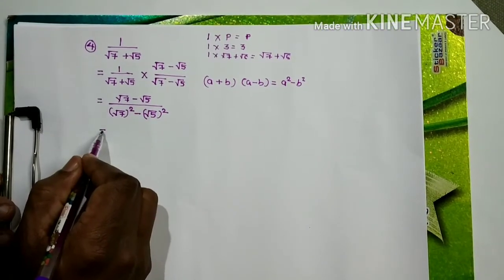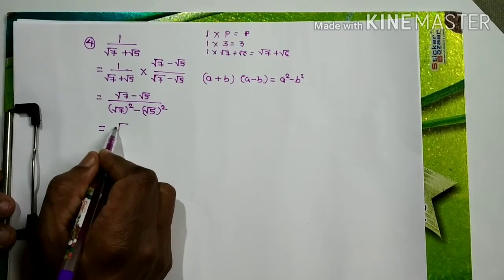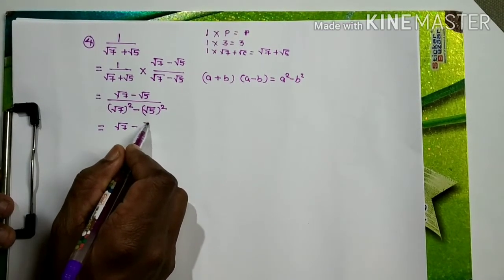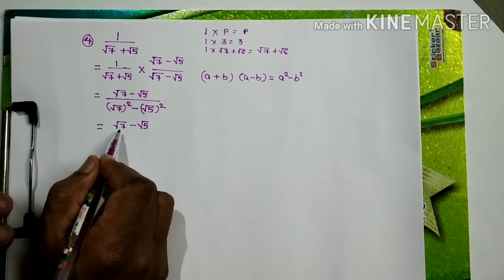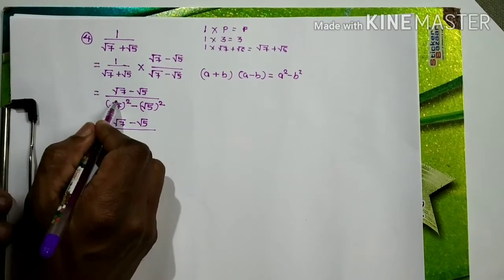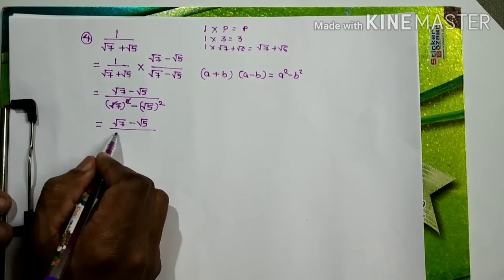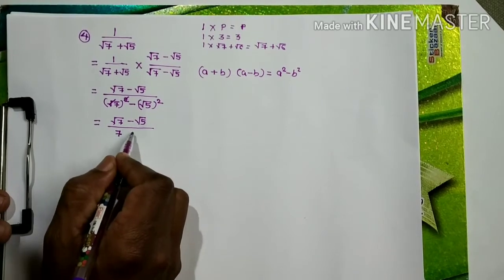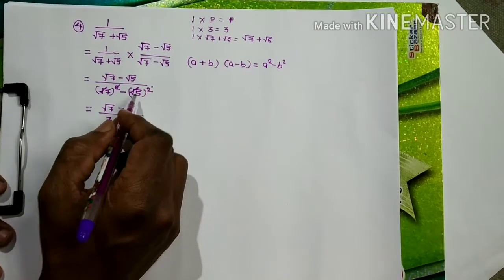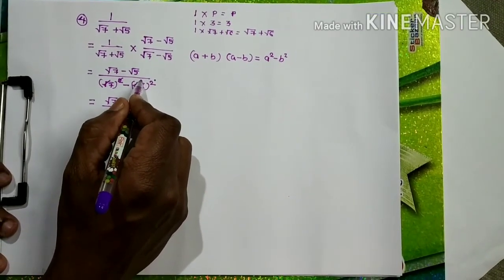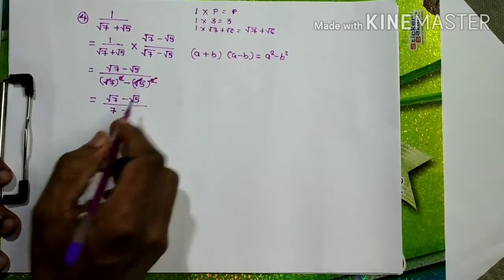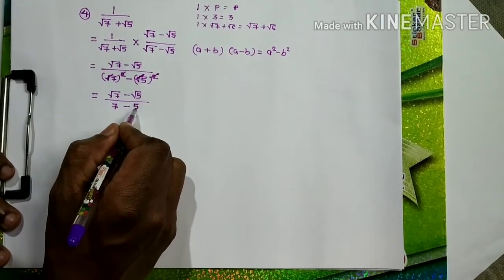The next step is root 7 minus root 5 divided by this, square root and square get cancelled. So 7 minus 5 is 2, so what remains here? 2.